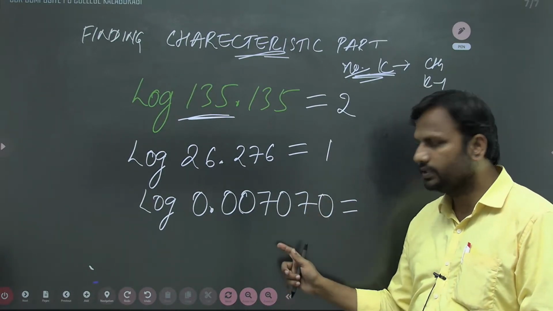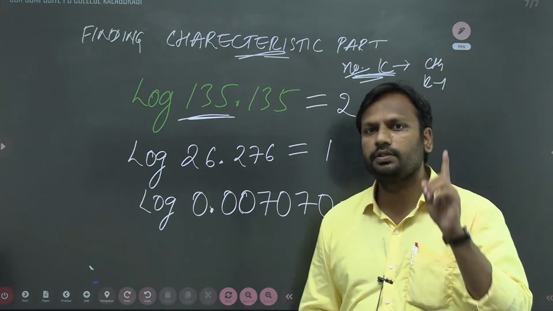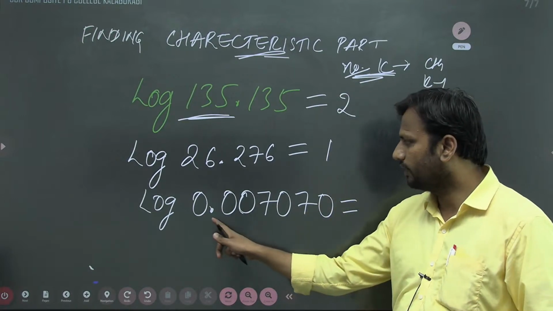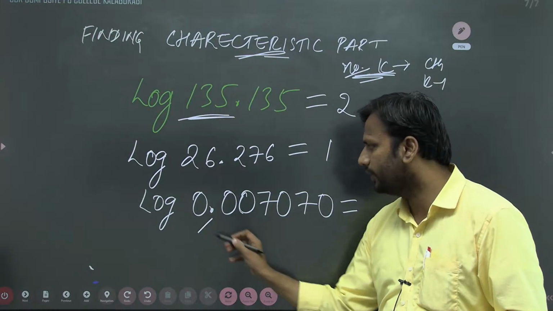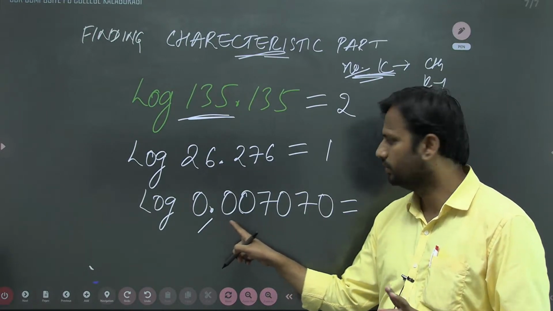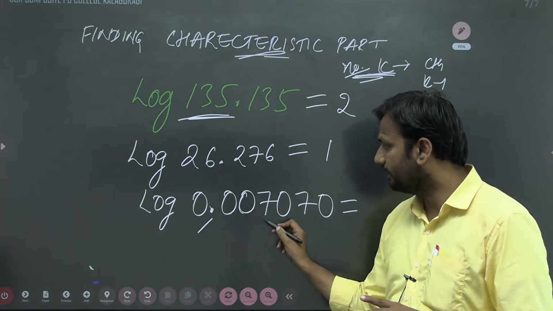What is the special procedure? The procedure is to find the position of the first non-zero quantity here. After the decimal point, what is the first non-zero quantity? Is 0 a non-zero quantity? No. 7 is a non-zero quantity.